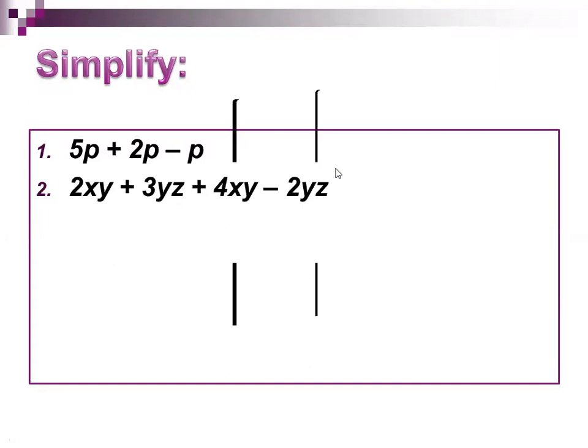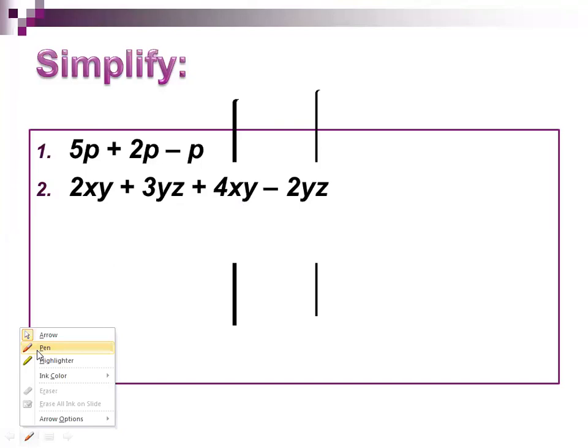Okay, what will be the answer? This is very simple. The first like term is xy and the second term is xy. No, Hamdan, slightly different.